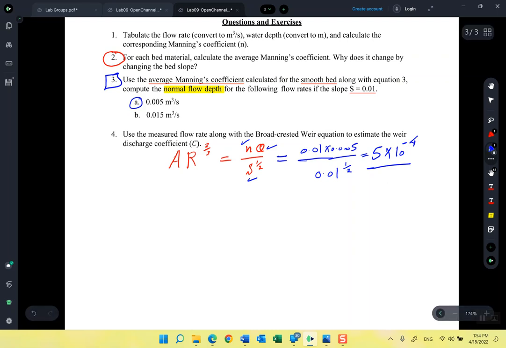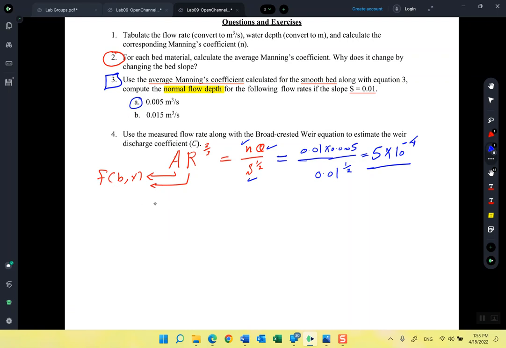So okay, what about the left hand side? Actually, this is the main concern here, because we said before that the area and the hydraulic radius are a function of p and y. So I will have to write down this side as a function of y.